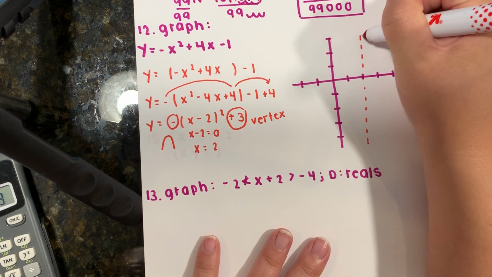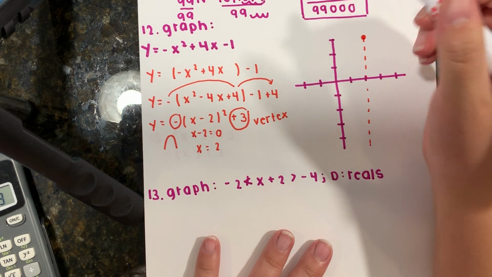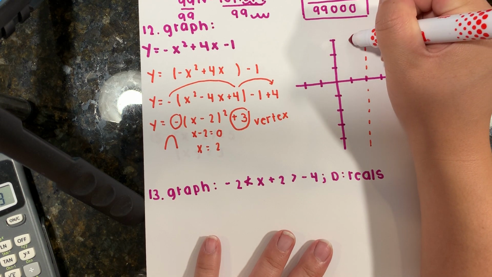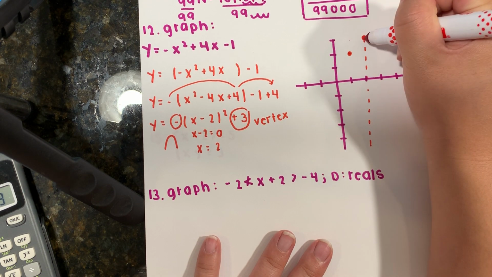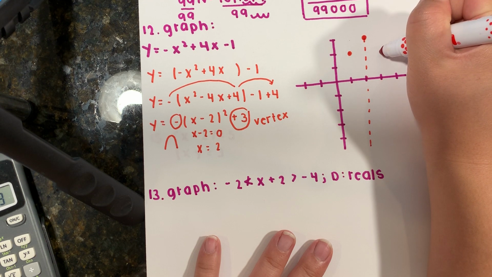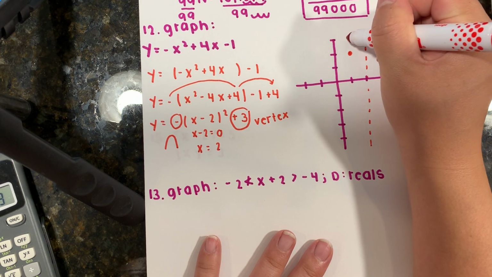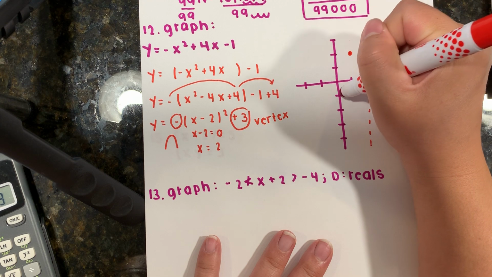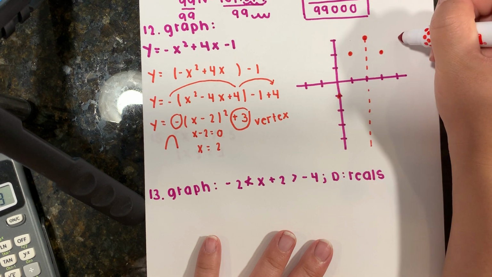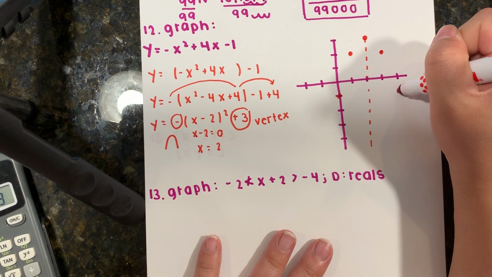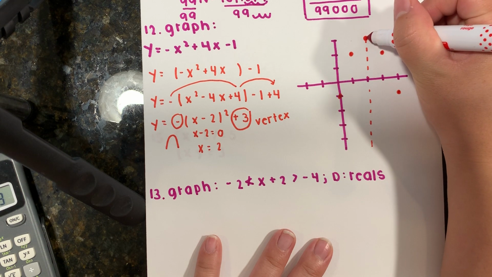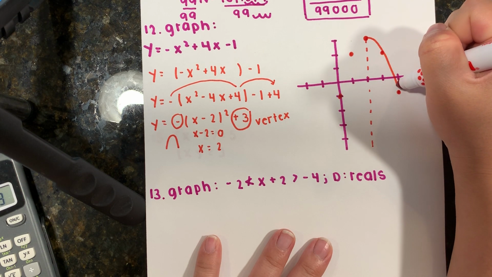Then up 3, I'm going to have my vertex. Now from here, I'm going to go over 1, down 1, in either direction. And then I'm going to go over 2, down 4. That's going to happen in both directions. And then I'm going to connect the dots.